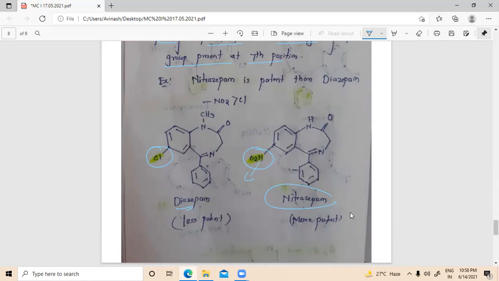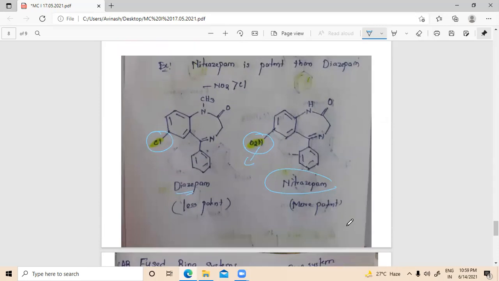It has a combination of nitrogen and 2 oxygen atoms, whereas in diazepam it is only 1 chlorine. So definitely the nitro group will have a greater electronegativity profile. As per the statement I have given, the atom with the highest electronegativity will have greater potency. That's the reason I can tell you that nitrazepam is more potent than diazepam.